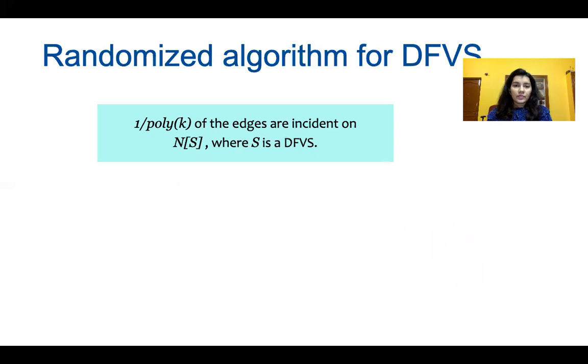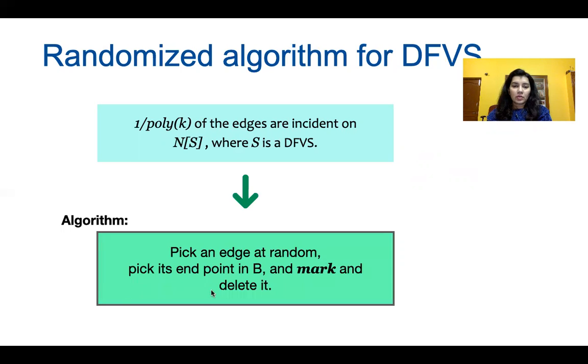Now, recall that we were talking about this property where 1 over poly k of the edges are incident on the closed neighborhood of S, where S is a DFVS. As before, this gives us an algorithm where we pick an edge at random, pick the endpoint in B, and we mark and delete it.